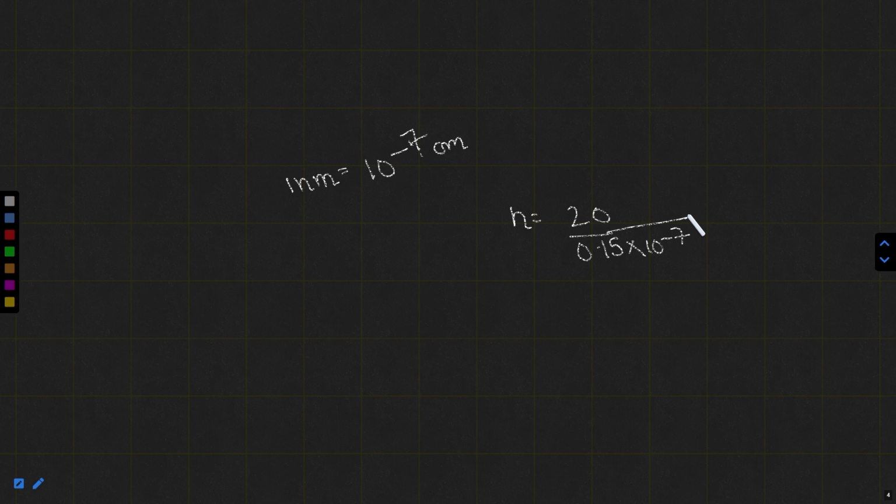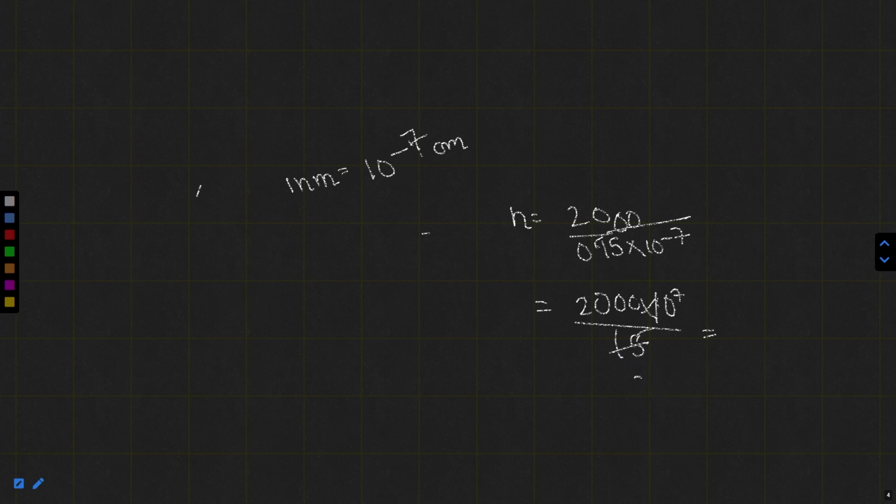Now next you will calculate this value. That would give us 200 into 10 to the power 7 by 15, because moving the decimal gives 2 zeros. So you will calculate it further to get the value of n.